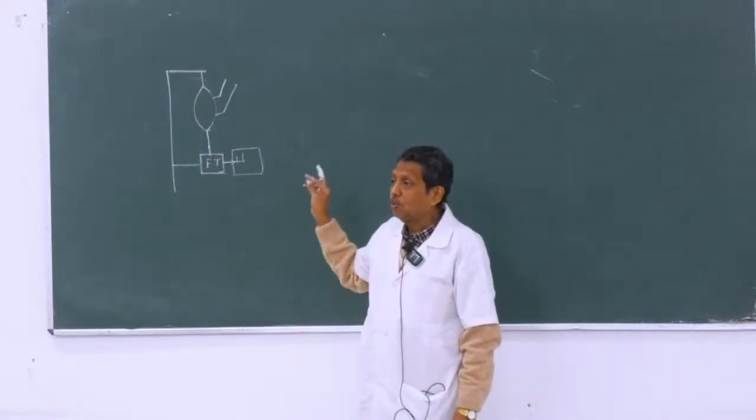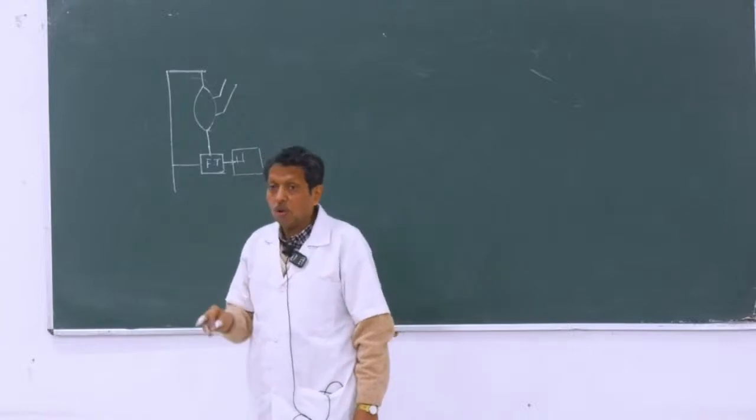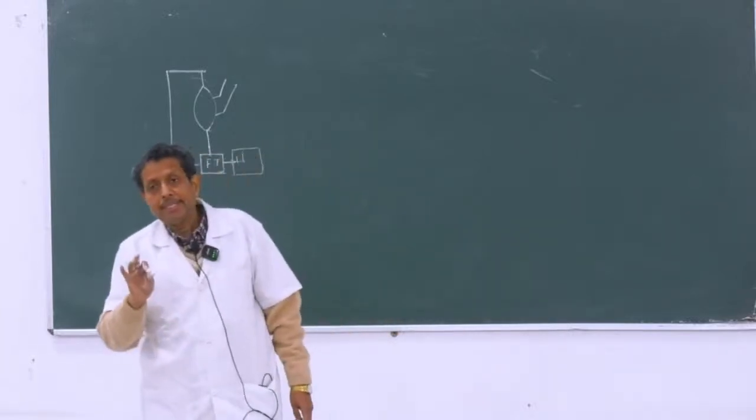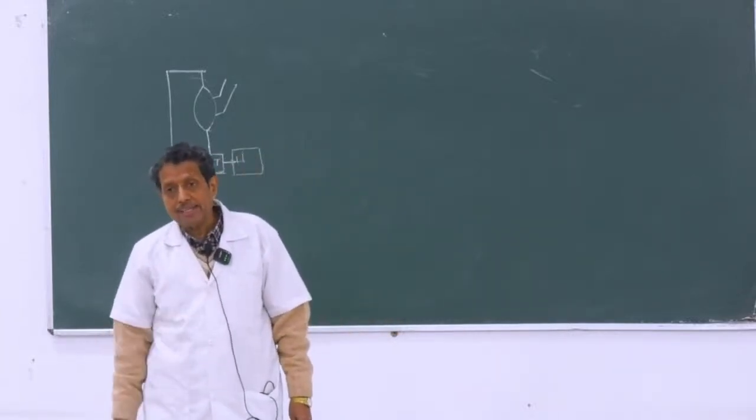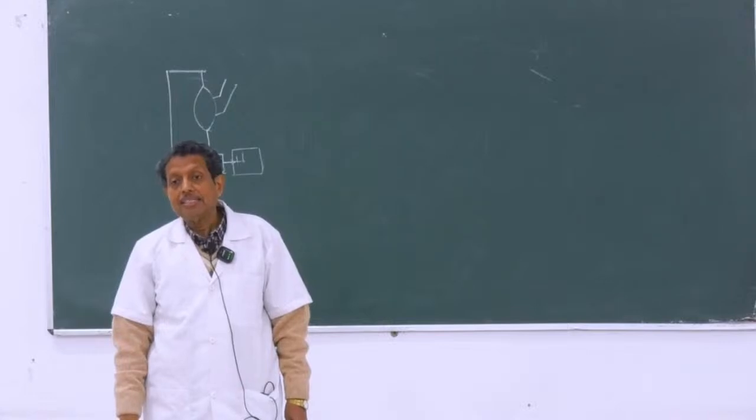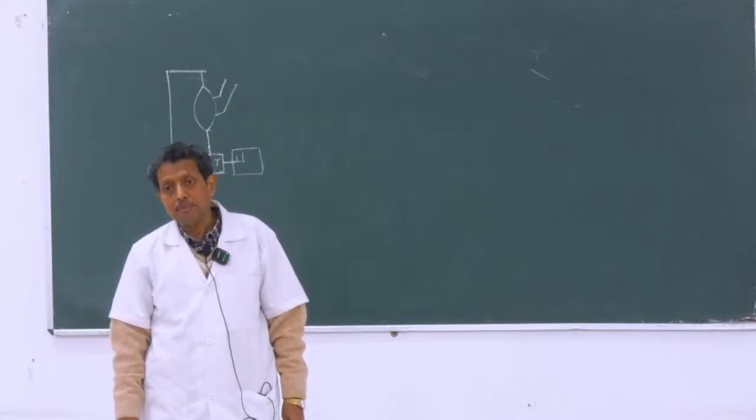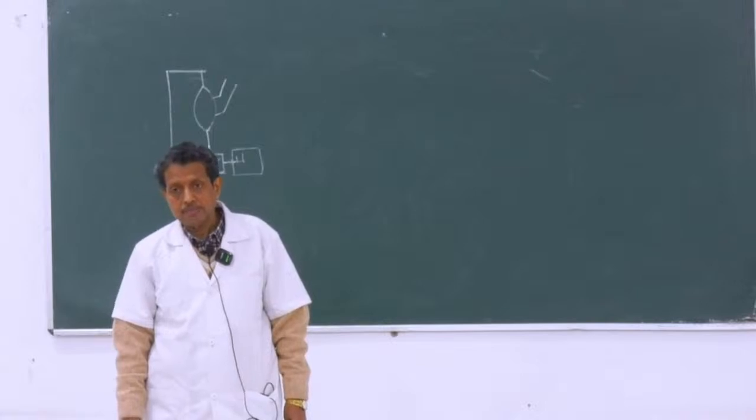In response to this stimulation or not, with the change in the length, there is a rise in the tension. Due to the elastic element and viscous element, tension increases.